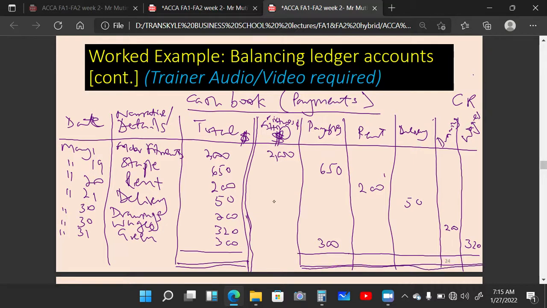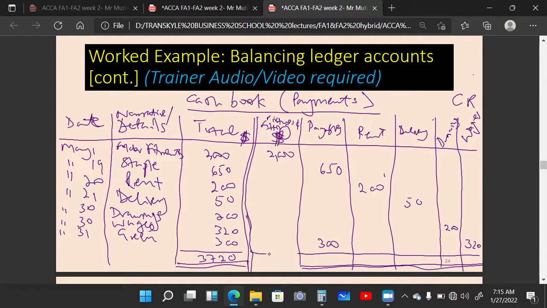So on the payment side, 2000 plus 650 plus 200 plus 50 plus 200 plus 320 plus 300. There's no need to put the dollar sign again. It should give us 3,720.